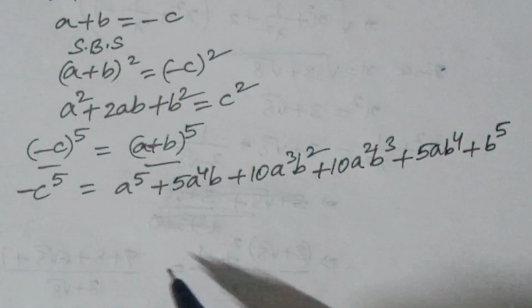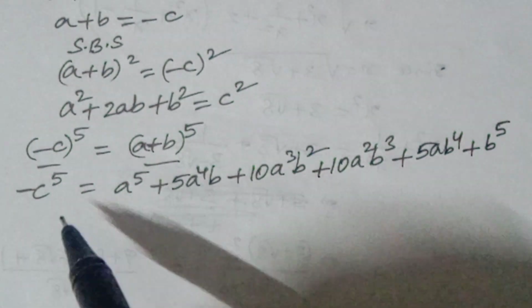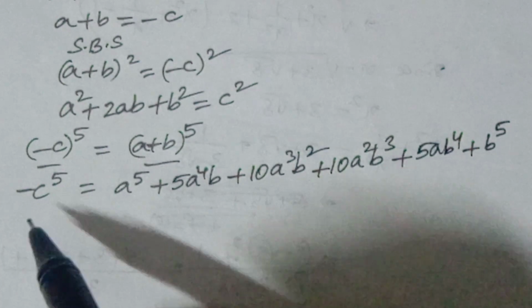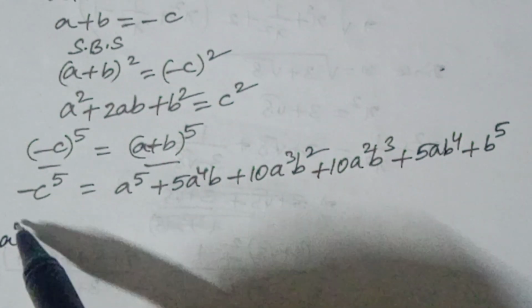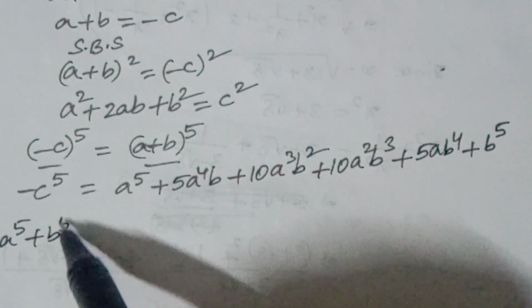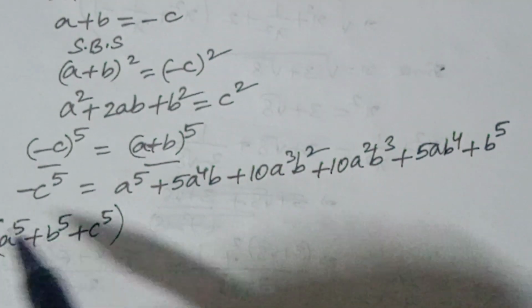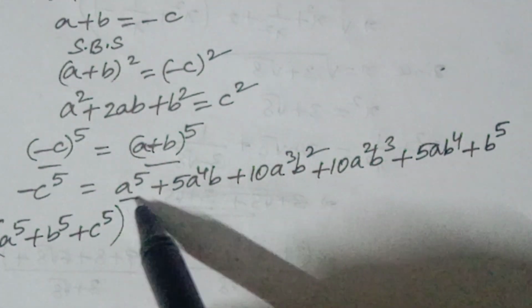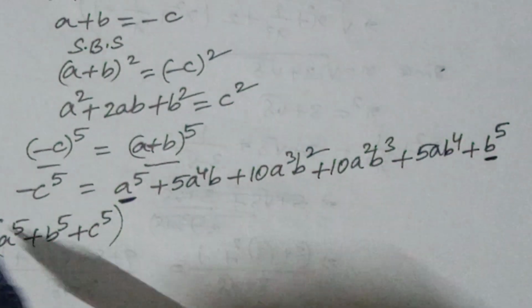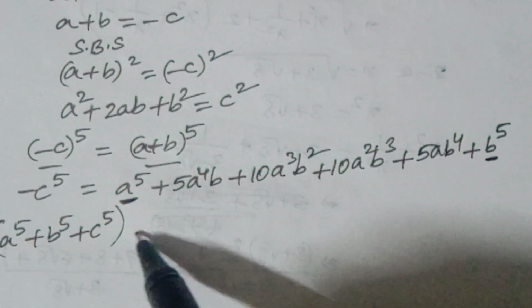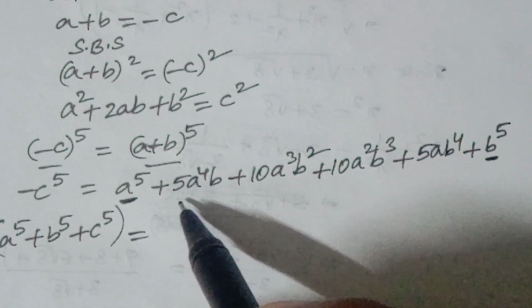So what is required here? a power 5 plus b power 5 plus c power 5 is required. So all are negative. If you take a power 5 and b power 5 to that side, all are negative. Now what is left here?